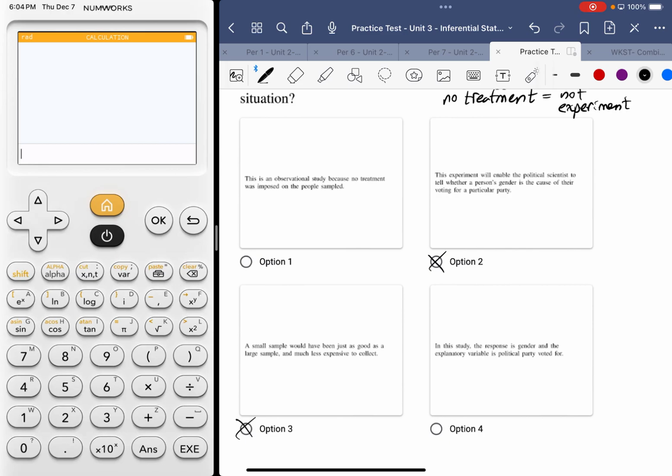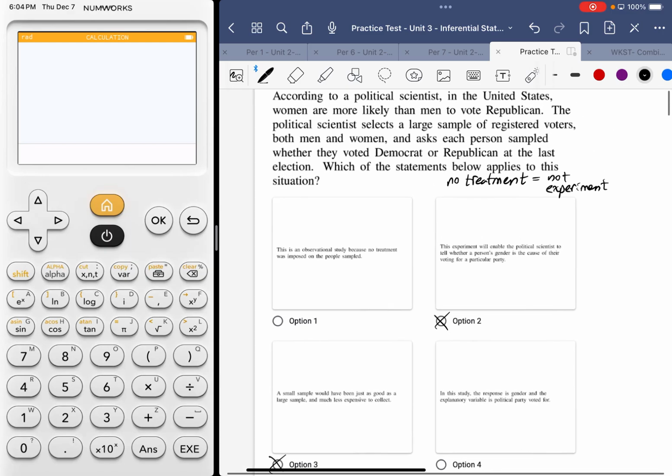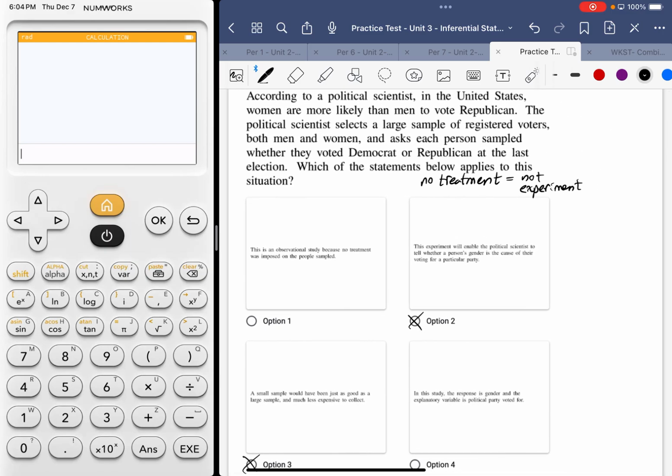And the response is gender versus the explanatory variable is political party voted for. That would establish a cause and effect relationship, right? Explanatory and response variables typically correspond with experiments, but you can make a case for it in an observational study. But here, they're asking individuals, both men and women, whether they voted Democrat or Republican in the last election.